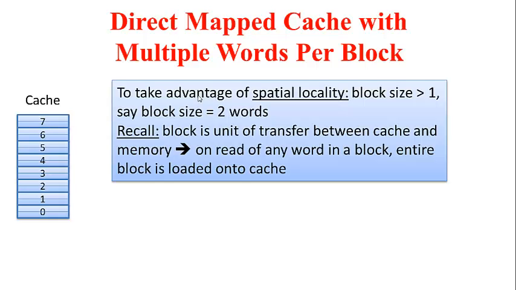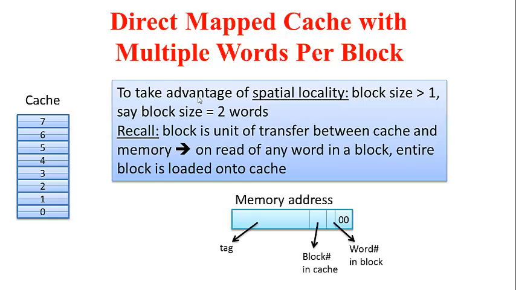For example, during sequential instruction execution, if one instruction causes a miss in the cache, then in handling that miss, the next instruction, which is also part of the same block, will be loaded onto the cache, and hence the next instruction, when it is executed, will face a cache hit in the instruction access.